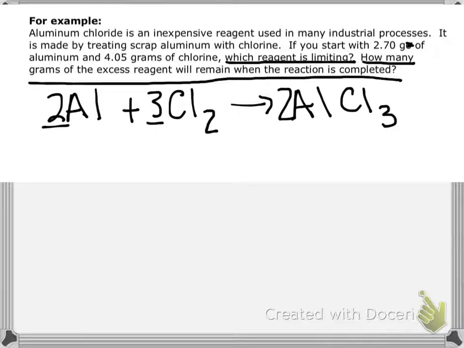So I've got my coefficients, which remember represent our mole ratios of everything in the reaction, and I am going to start solving this problem. Now, I have 2 reactant amounts to start with. I have 2.70 grams of aluminum.